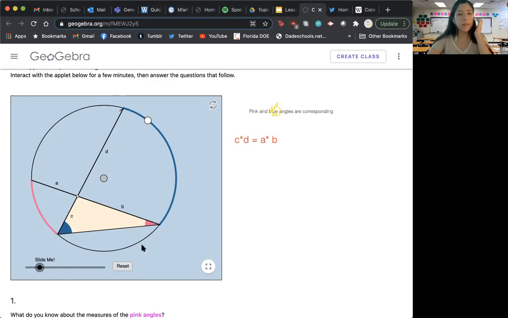Again, this is the same question. What do we know about the pink angle and this pink arc, which they've highlighted in the same color? They did that for a reason. What is the relationship between the pink angle and the pink arc? Anyone?